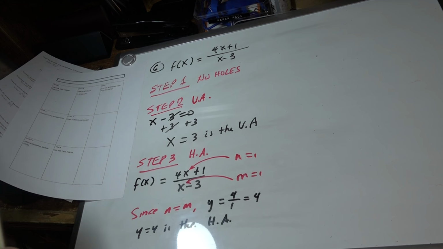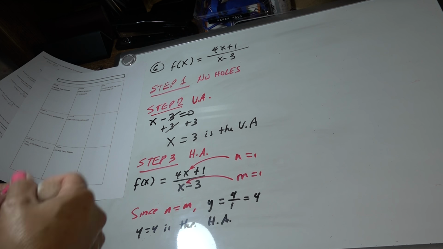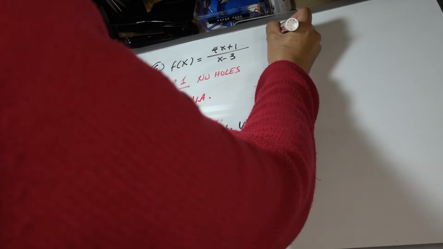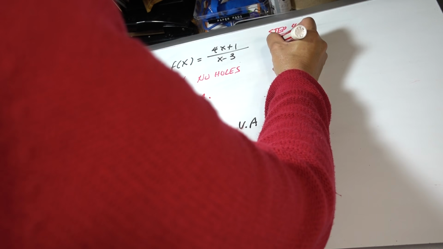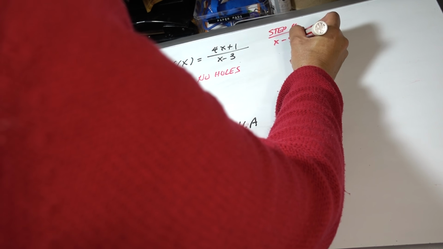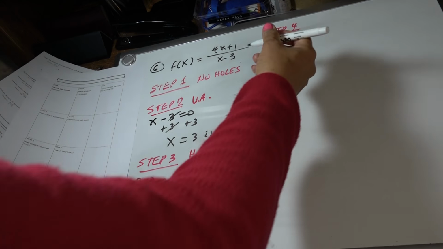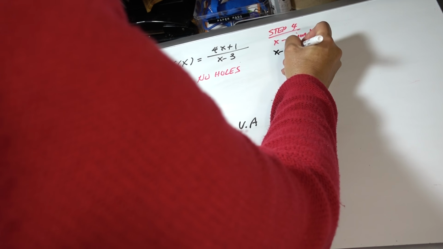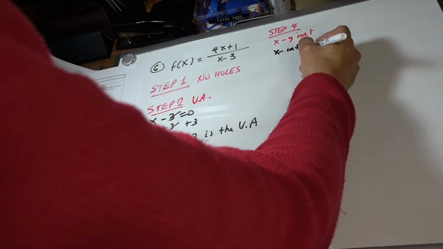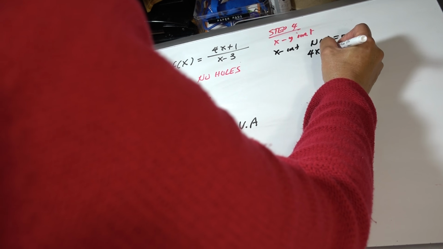The next one, step number 4, find the x and y intercepts. For the x-intercept we go with the numerator. Numerator equals 0. In this case 4x plus 1 equals 0.